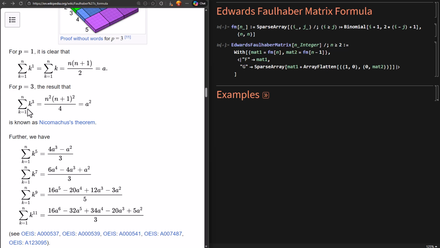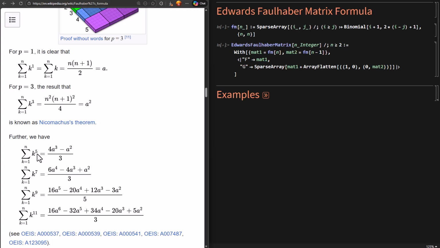The very well-known formula for cubes is that the sum of the cubes of each k from 1 to n is exactly the square of the sum of 1 to n. This is a really well-known formula, and you can see a lot of math people print it on their t-shirts.